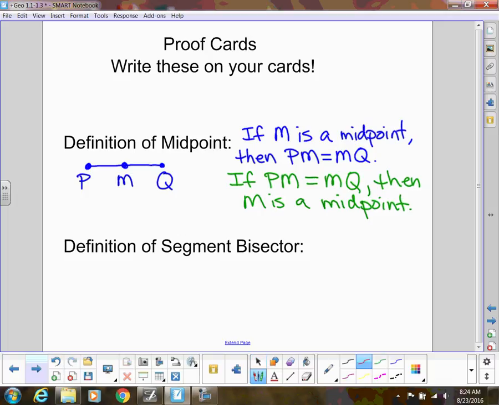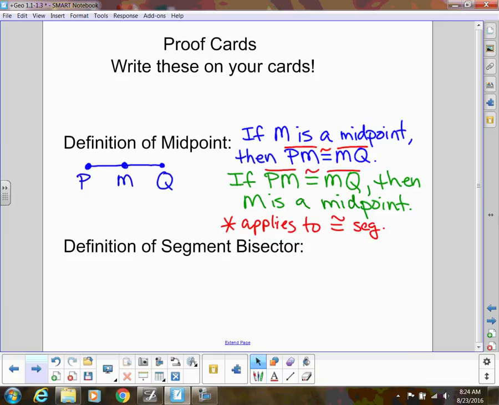So this would also apply if I wanted to use segment bars and the congruence symbol. You don't have to write that, but you might want to make a note that it applies to congruent segments as well. You don't have to put those red lines over on your card.